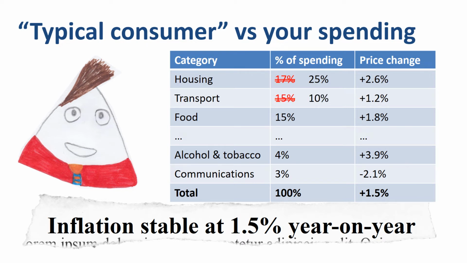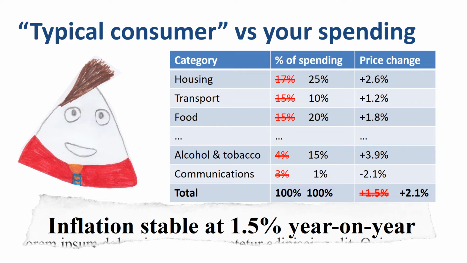He spends 20% of his income on food, 15% on alcohol and tobacco, and just 1% on communications. In short, he spends a higher percentage of his income on categories where prices have gone up more. For Jim, his personal inflation number is around 2.1%, higher than the 1.5% inflation for the typical consumer, and higher than the 2% nominal salary increase he received.